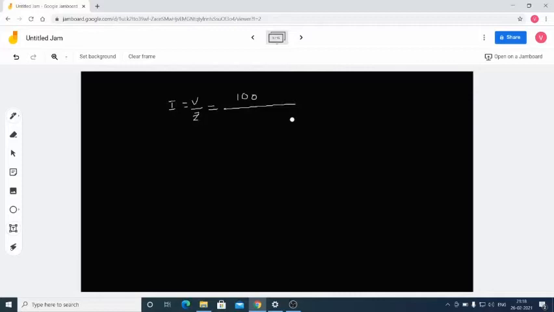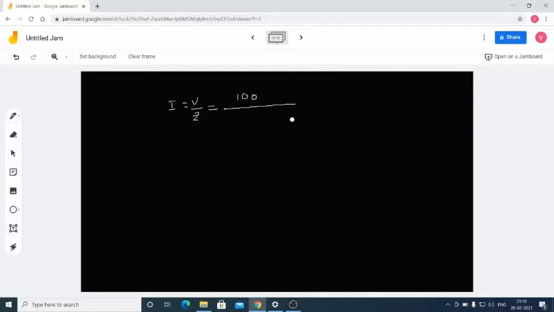The fifth one is the drop across the inductor, which is given as VL is equal to the current through the inductor into the inductive reactance.